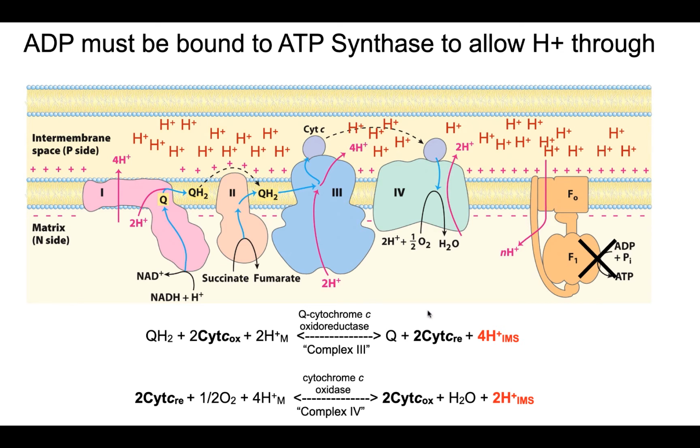Well, here's the thing. Those protons in the intermembrane space are products of the reactions catalyzed by complex 3 and complex 4. And like any product, if it increases in concentration too much, it's going to take this reaction that is normally exergonic and it's going to reach an equilibrium.